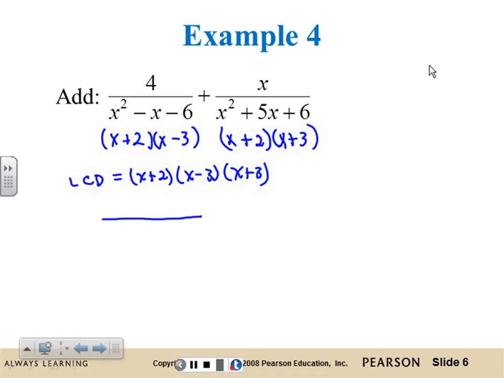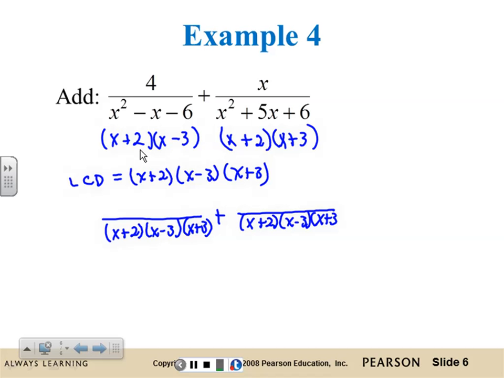Okay, so let's write our new fractions over that common denominator. But remember, we need equivalent fractions. So we're changing some things up. Since we changed our denominators, we have to change our numerators by a factor of 1. So look at this.